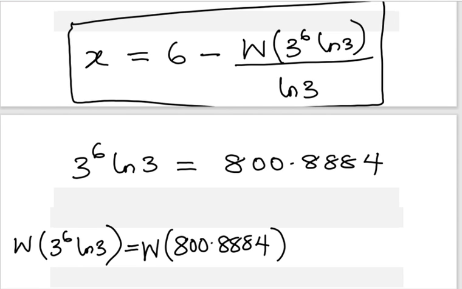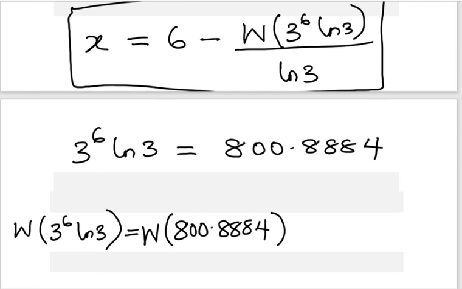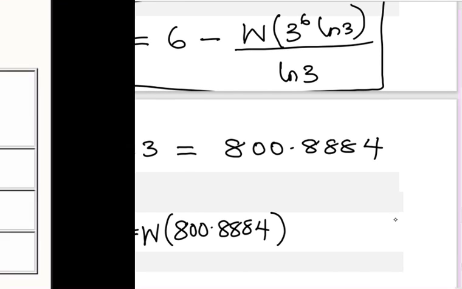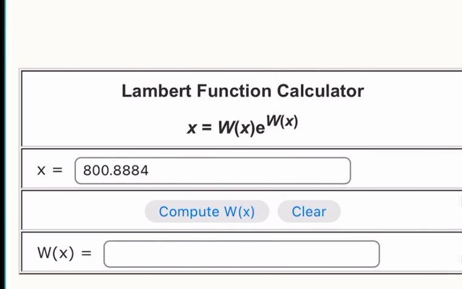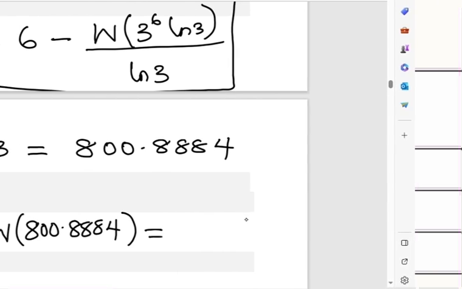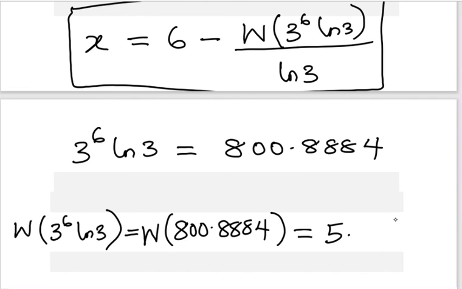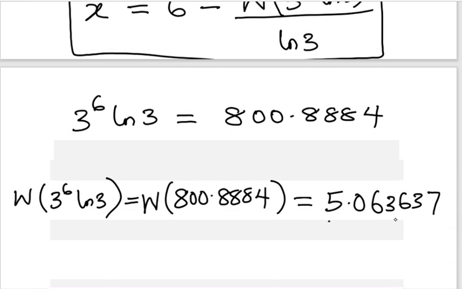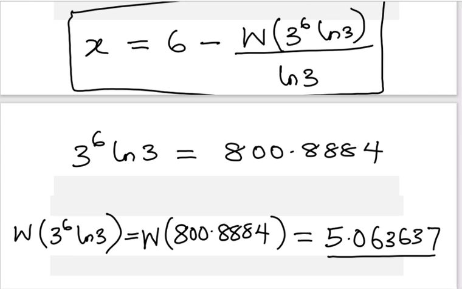So to find the Lambert W function of this, we're going to use the Lambert W function calculator. We've been able to find this to be 5.063637. So next we substitute this value to replace this in the expression to find our x.